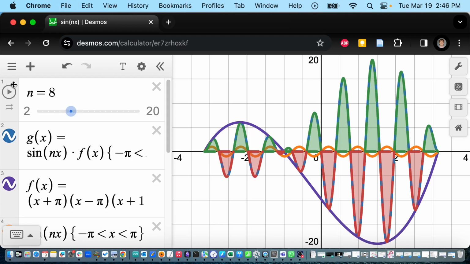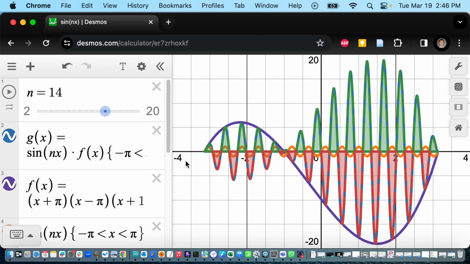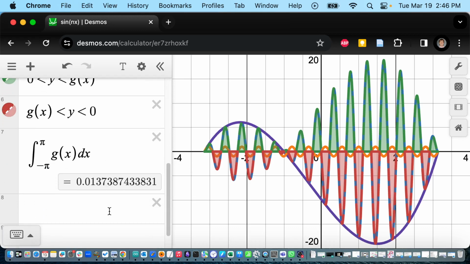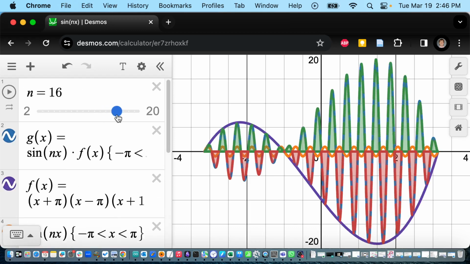So as you increase this, you're hoping that the greens and the reds here are almost exactly balanced because they're oscillating so much faster than the purple function is moving. So when you go from one to the next one, they haven't changed height very much. And hopefully, if we go down to the integral, we're getting a small number. Yeah, now the integral is only 0.01, right? And if you increase it even more, it gets smaller and smaller.